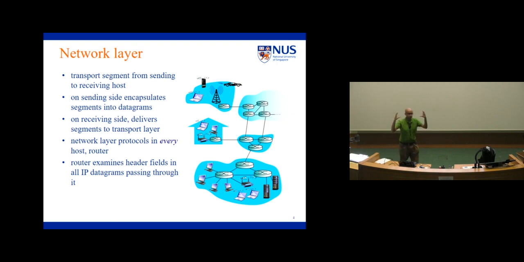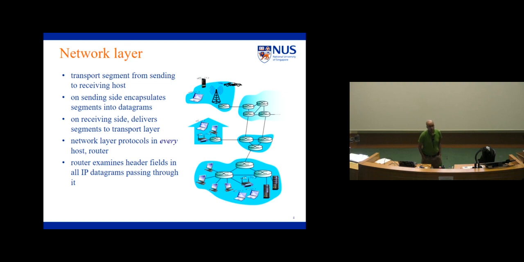To figure out the path to be taken, and for any other functionalities the network layer provides, it needs to tag on its own headers. On the receiving side, it is the reverse operation: when the network layer receives the packet from the link layer, it strips off the network layer headers and gives it to the transport layer.